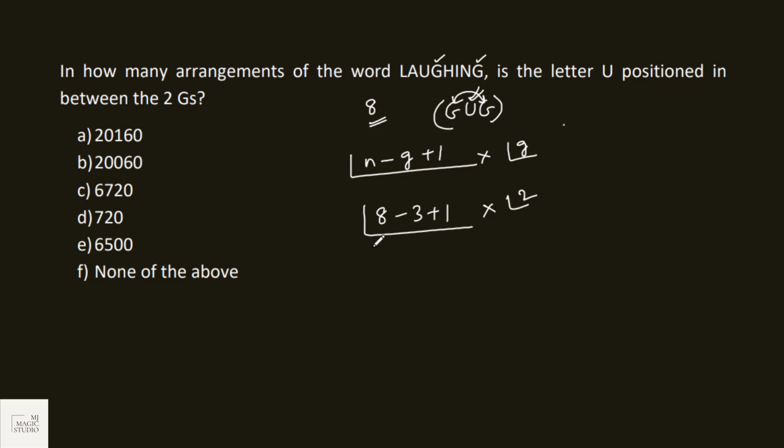Into factorial 2 it would be, divided by factorial 2 again, because we have got two G's. We know that if any letter is occurring more than once, we need to discount it off. So it should be simply factorial 6, that is 720. Option D is the pick.